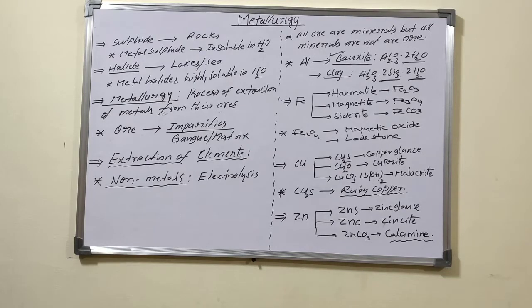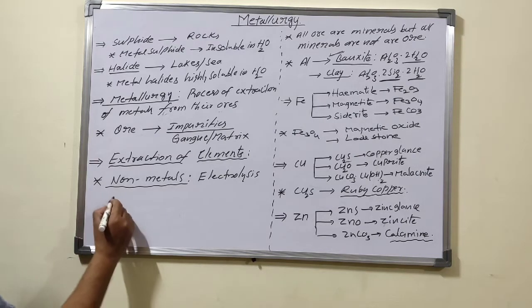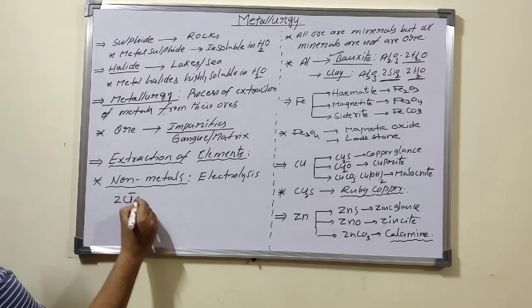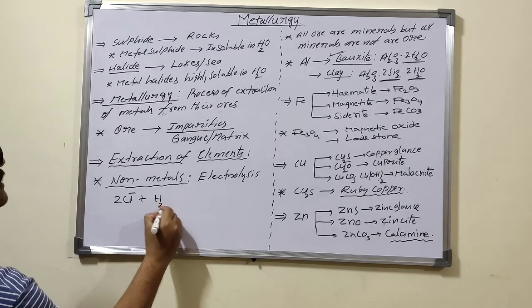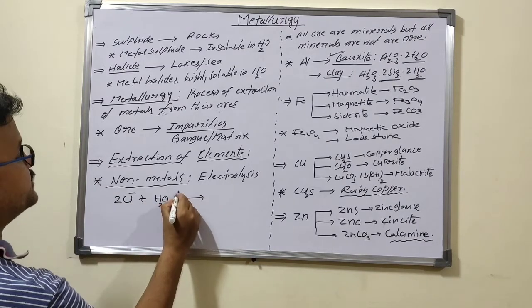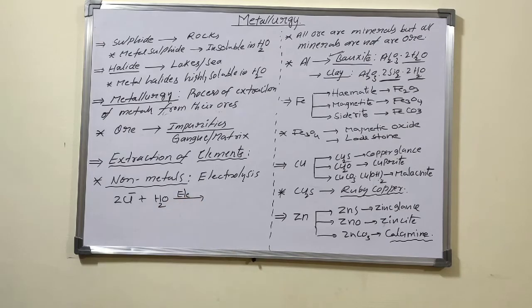For example, chlorine electrolysis. When chloride ions are subjected to electrolysis, I am preparing chlorine by the electrolysis method. I took chloride ions and treated them with water; that is electrolysis. Then I am getting chlorine gas.